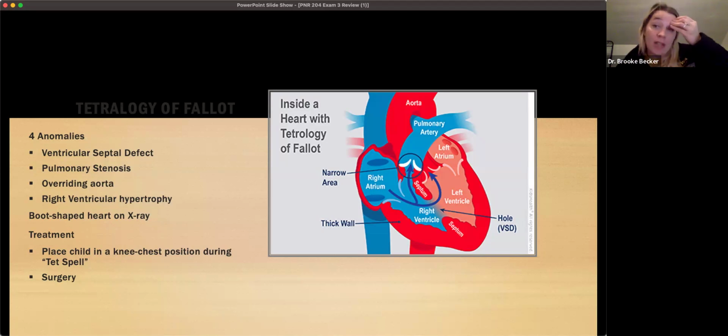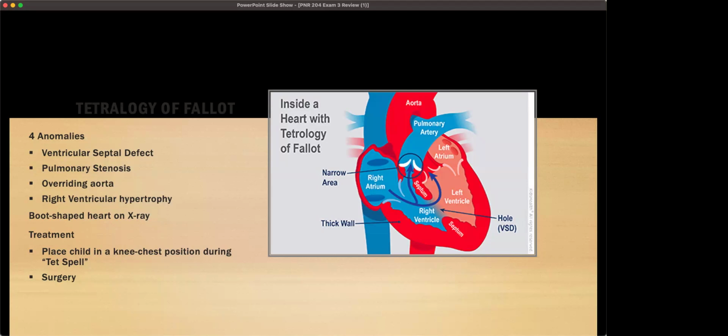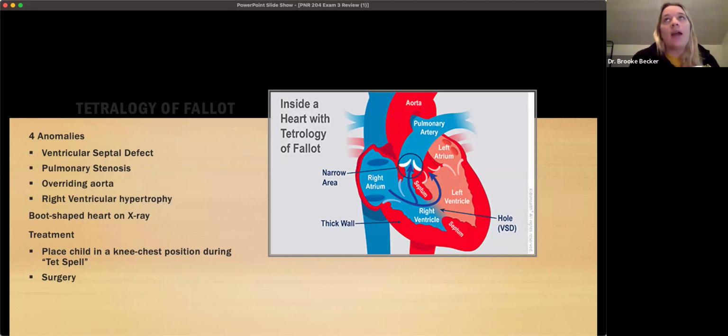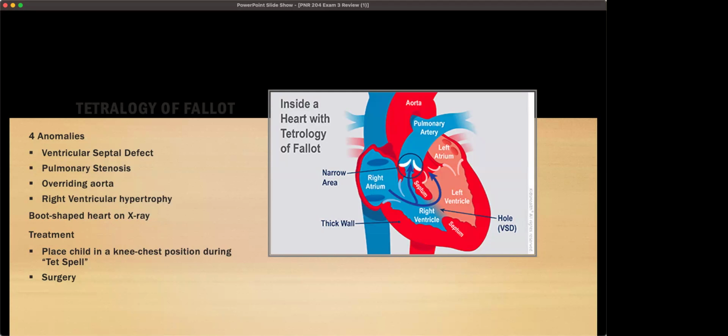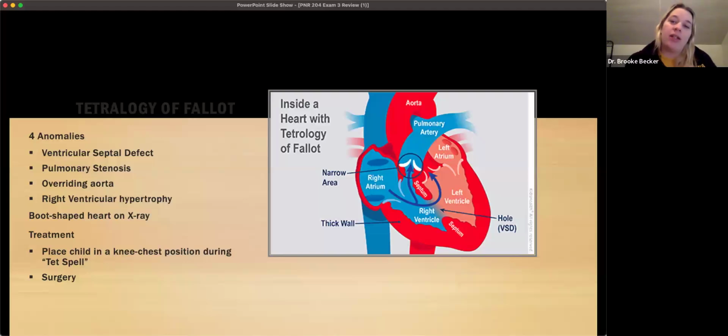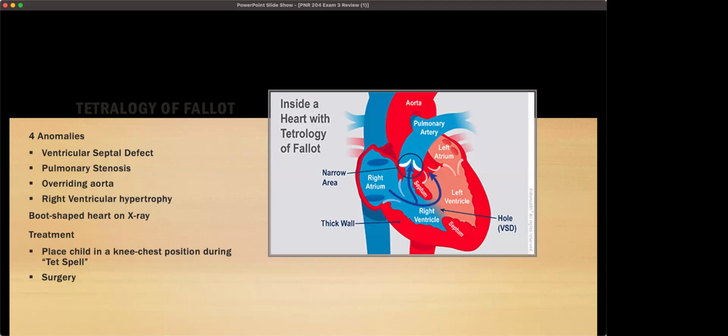Okay, these kids are going to have TET spells. What do we do if kids have TET spells? Knee to chest position. Yes, but let me ask first, how does a patient who's having a TET spell look? They'll be running or something, and then all of a sudden they'll just stop and squat down.